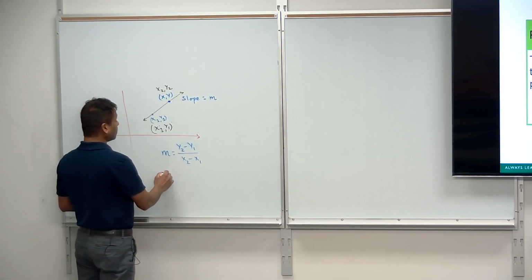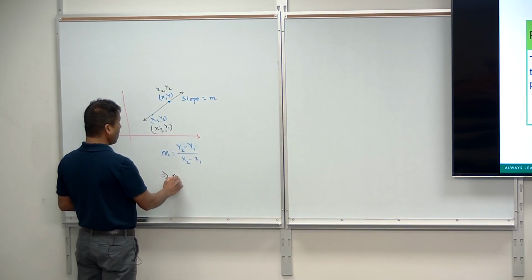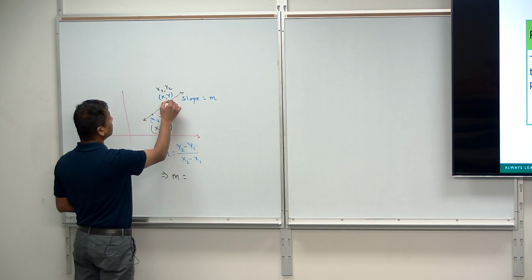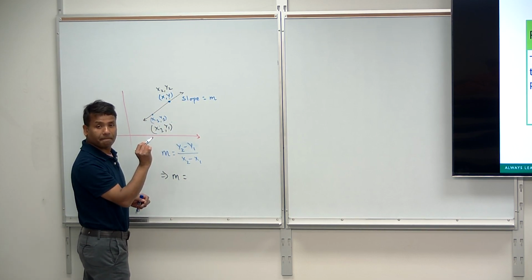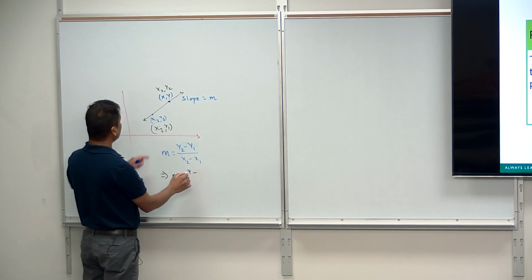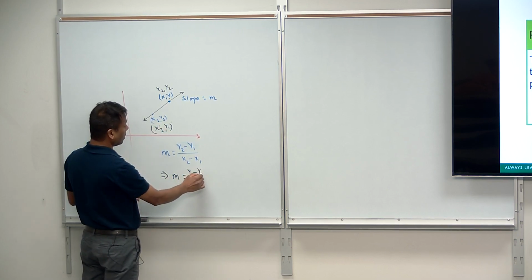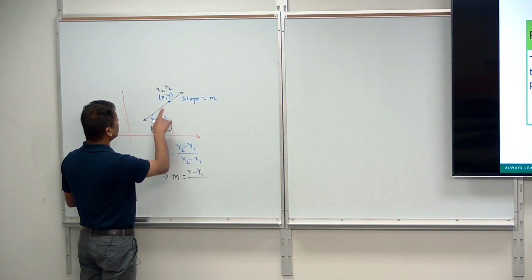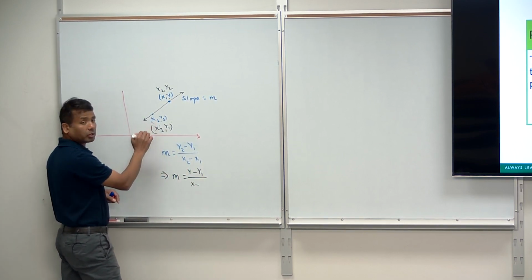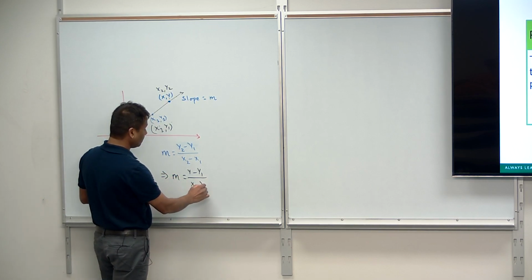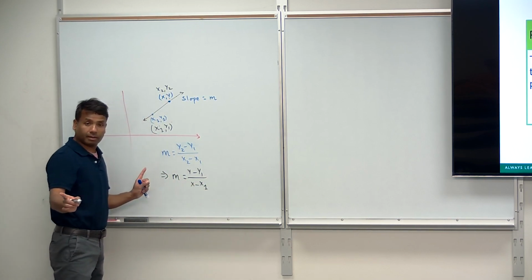So now m equals, what is your y2? y, right? y minus your y1 over your x2, which is x, minus your x1. Did you get it?